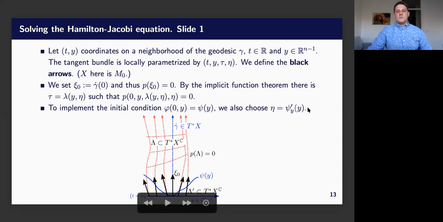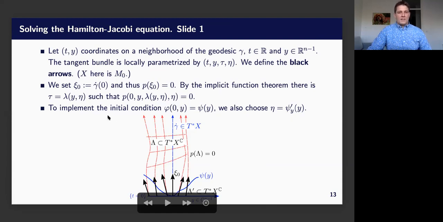And then there's a technical part. By the implicit function theorem, we can actually parameterize this variable tau in y and eta, so that the equation p is 0 is solved by these variables. So we set t to 0, y is free. Then by the implicit function theorem, there's a function lambda which parameterizes the tau variable here, and then we have eta free.